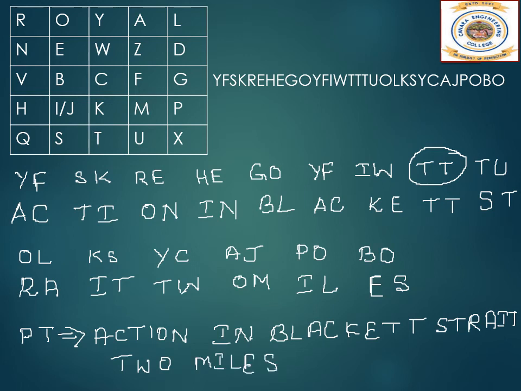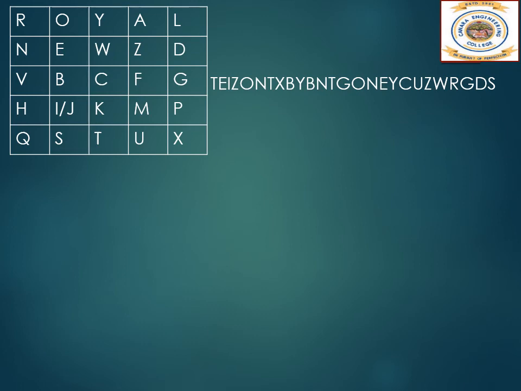So this is the plain text what we get from the given cipher text. So let us continue the same example with the next set of cipher text given. So here again let me just write it as a pair of two alphabets each.